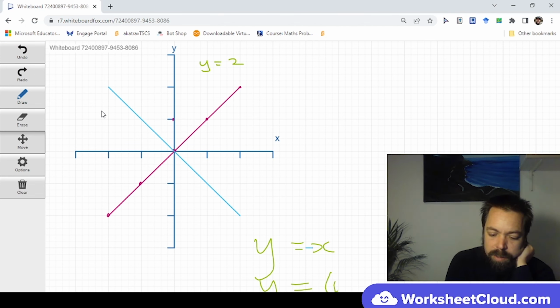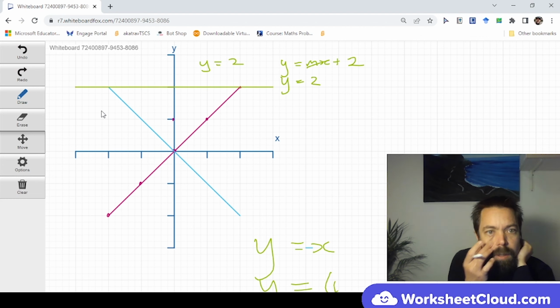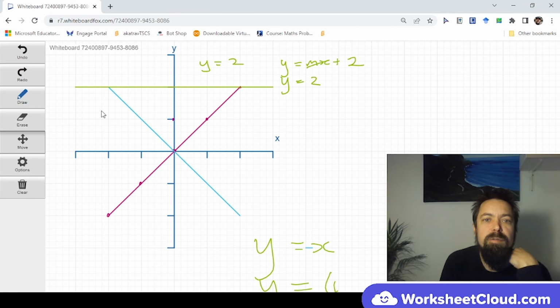So in actual fact, that is y equals mx plus 2, but the gradient is 0, so it's not going up. So 0 times anything is 0, which means that this term becomes nothing, and we're left with y equals 2. Now, as a graph, what that means is that anywhere along your graph, y is equal to 2. And in reality, that is a flat line.